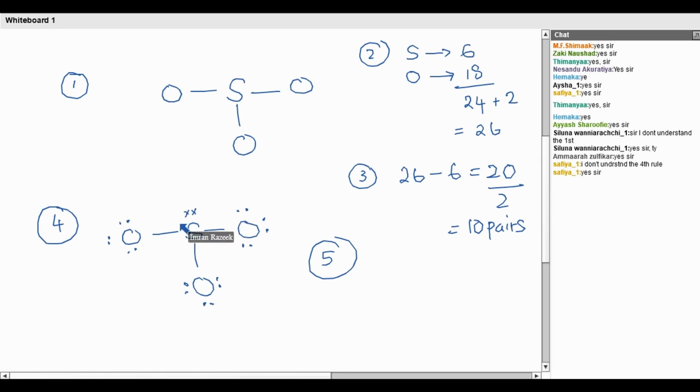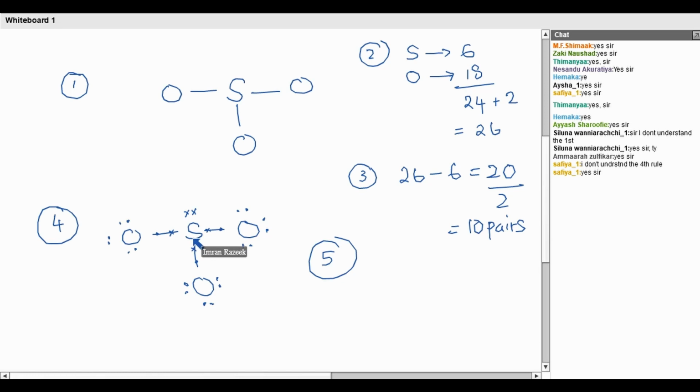Right. The 5th rule, you look at sulfur. Check whether it has got its valence electrons, not the octet, the valence electrons. That means sulfur should have 6 crosses around it, 6 electrons on its own. Look, this bond is a dot and a cross, this bond is a dot and a cross, and this bond is a dot and a cross.